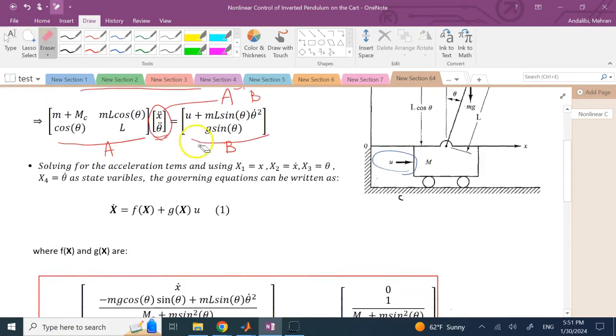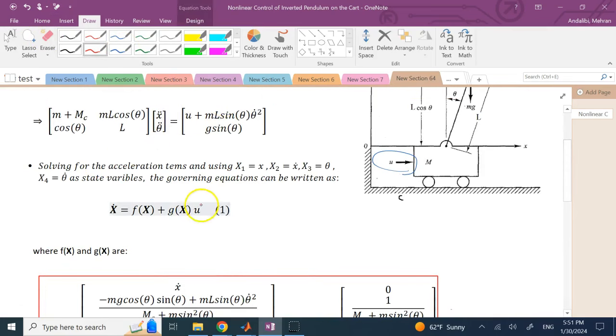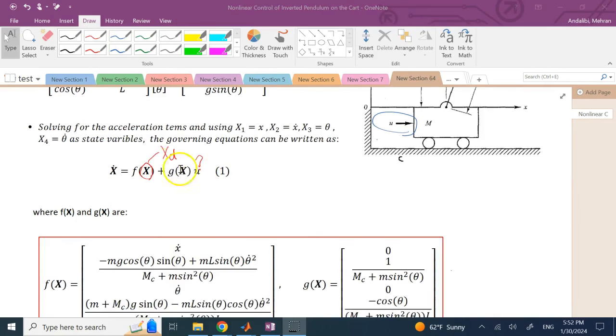Now, what is the goal? The goal is what kind of u should we choose such that this vector x goes to some desired x. That's the goal of the control design here. Okay, how do we do that?